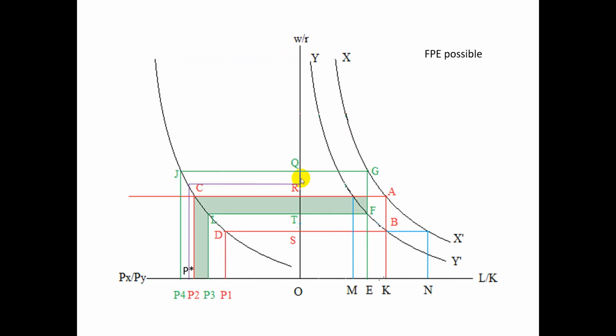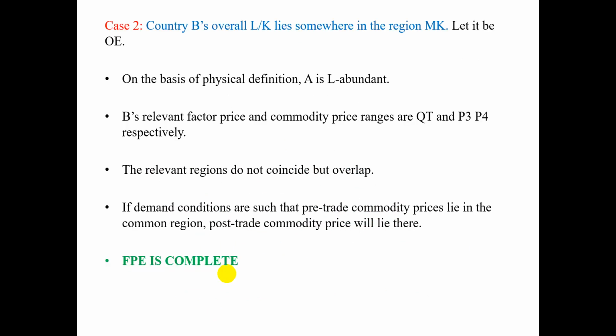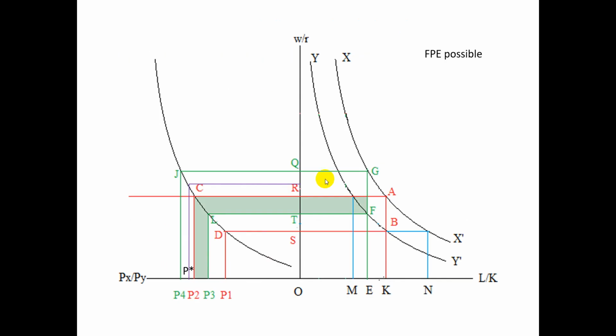For country B also, this is the same factor price range prevailing and this is the same commodity price range. Now in this case, factor price equalization is not only possible but it is a necessity. So let's see how. Suppose initially one country has factor price ratio here.